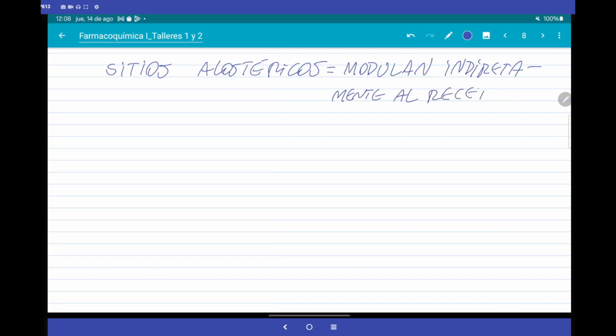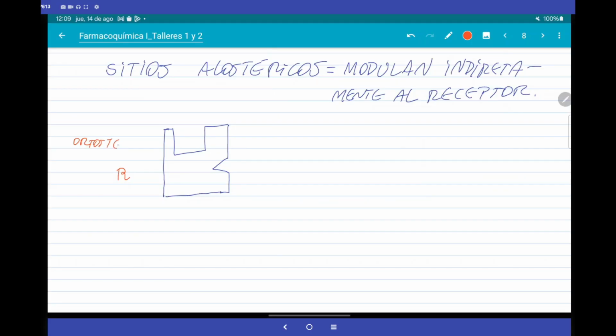Then I am going to do it now in a slightly more graphic way. Let's say that this is the orthosteric site of the receptor, but our receptor also has an allosteric site. This is our receptor, and the square is the orthosteric site.